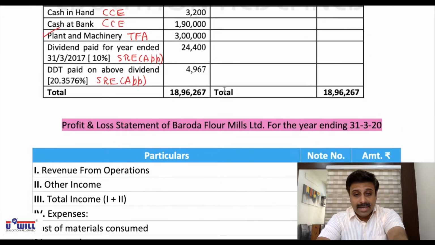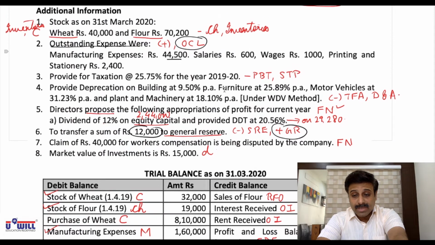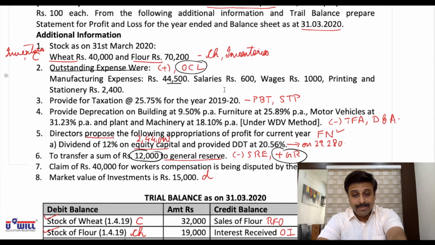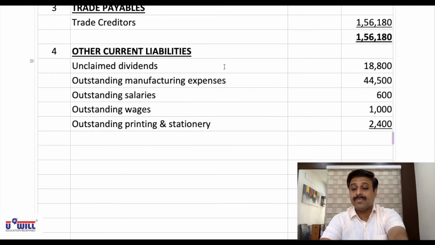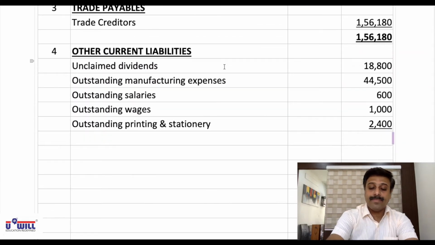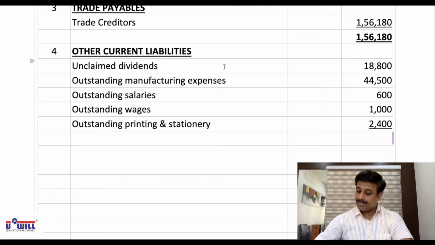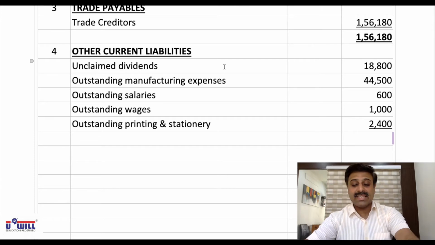Then do we have any other item of other current liability in the adjustments? No, we don't have. Okay, all the trial balance and adjustments are taken. Now total of this, do it: 18,800 plus 44,500 plus 600 plus 1,000 plus 2,400. That comes to 67,300.